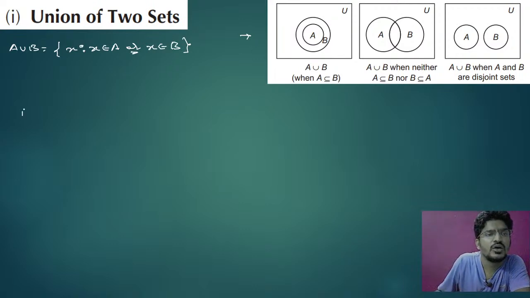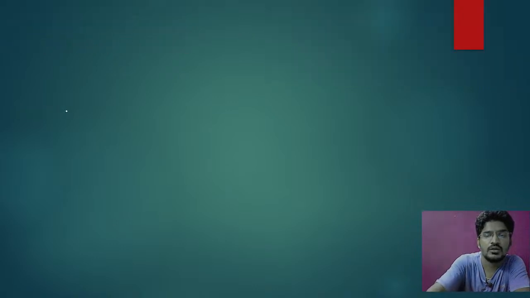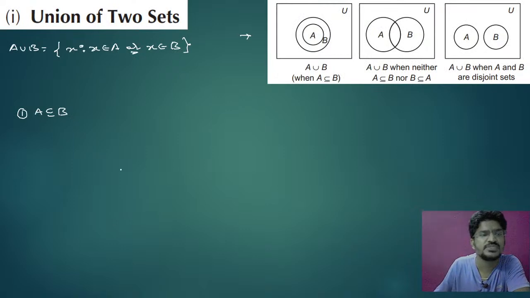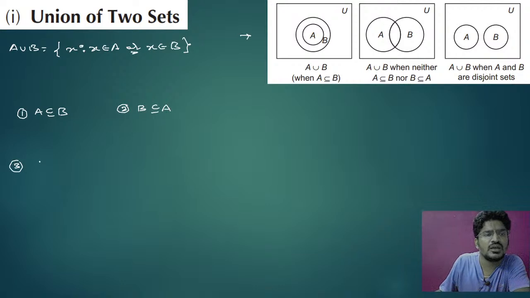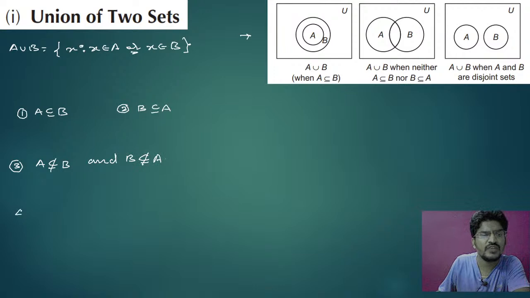First one, what if A is subset of B? Second one, what if B is subset of A? Third one, A is not subset of B and B is not subset of A. And fourth one is A and B are disjoint.